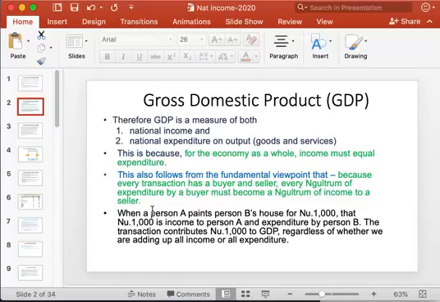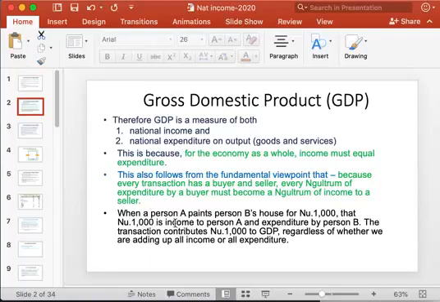And you can understand why GDP is either total of income or total of expenditure and not total of income plus expenditure from this example.